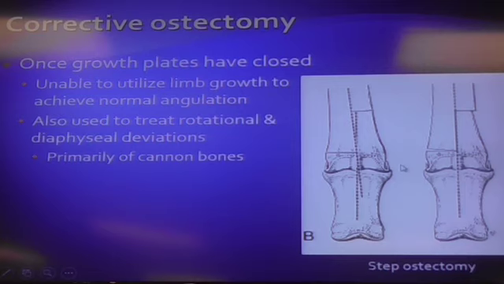It's pretty dramatic when you're cutting cannon bone. That's like a big fracture repair, and of course you're talking multiple thousands of dollars. I've never actually done one of these in my career. I just want you to understand this is your only resort if you're trying to fix something after the growth phase is done.